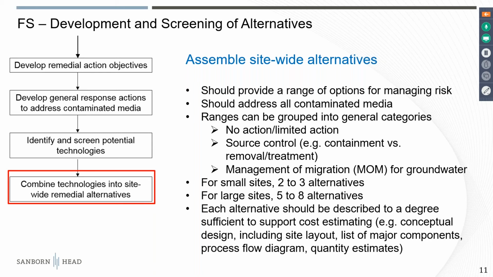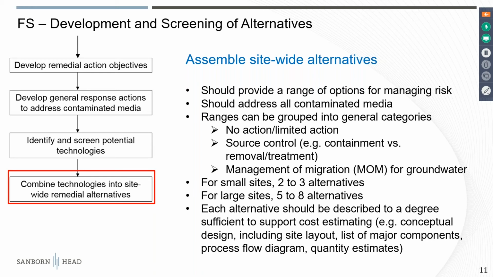And they should address all contaminated media. So if you've got a site with contamination in soil and groundwater and sediment, there might be different technologies you're going to need to apply to address that site. So your remedial alternatives might include a number of approaches that are slightly different from one alternative to another, depending on which media you're focusing on.